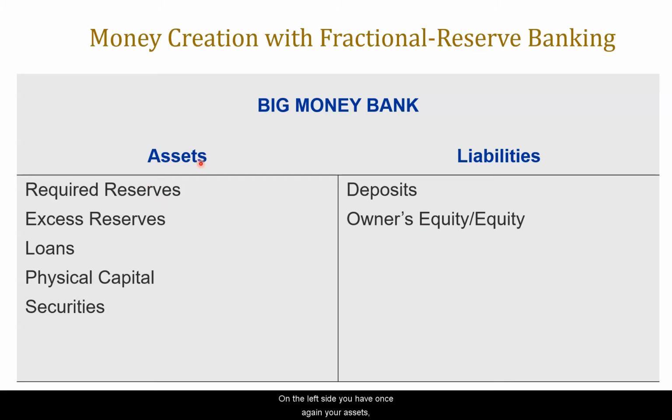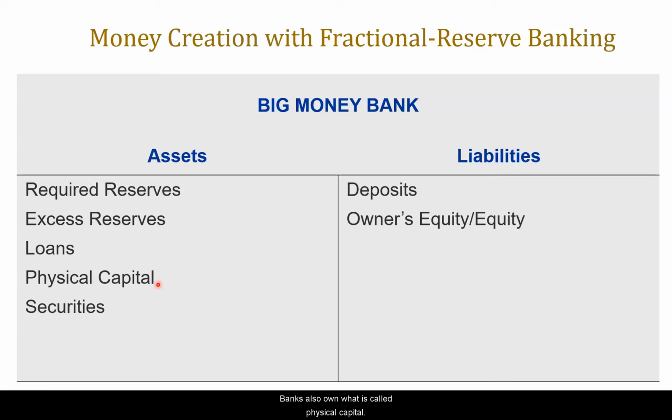On the left side, you have once again your assets, required reserves, excess reserves, and your loans. So what happens if a bank decides that they do not want to keep all of their money in the bank? What if they decide to loan it out? Well, the loan amount would be placed here in the balance sheet.